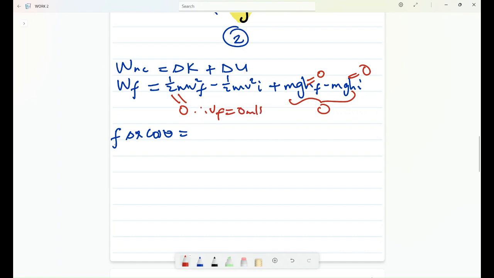So this is the same as saying f change in x cosine of theta is equal to negative half mv squared initial, which is the negative initial kinetic energy.